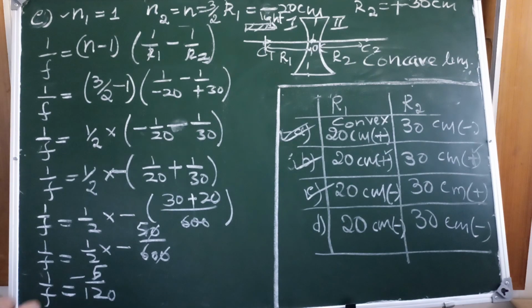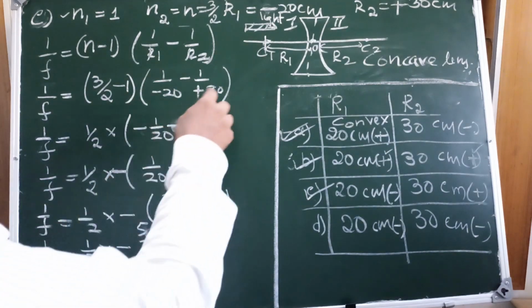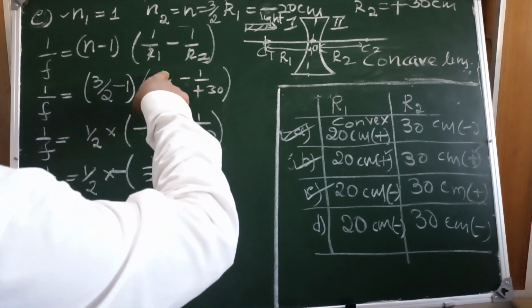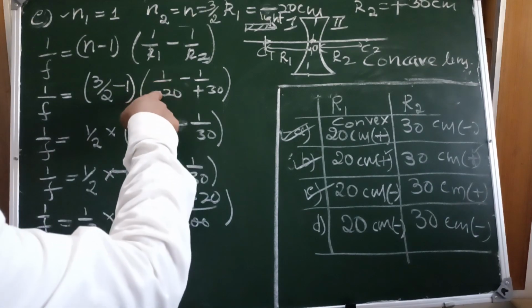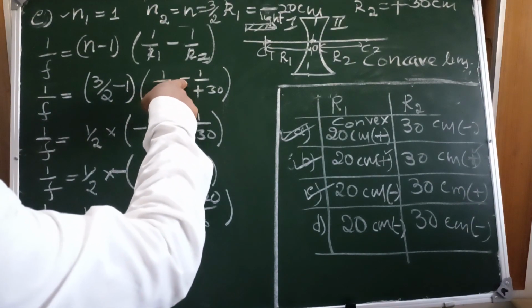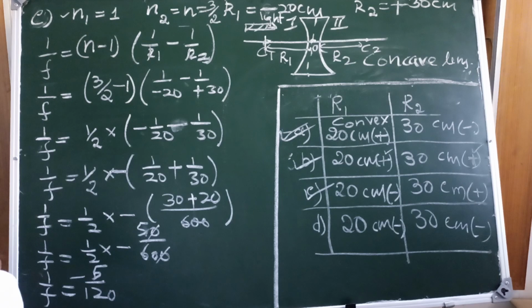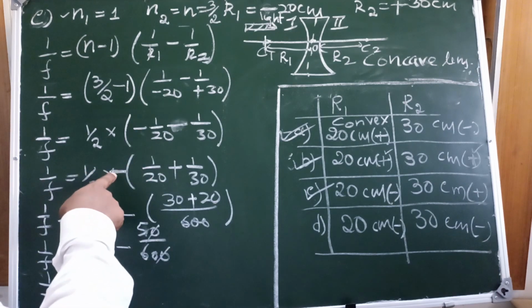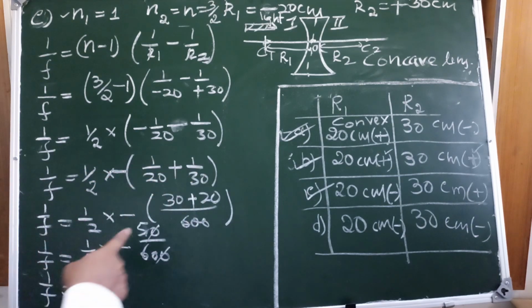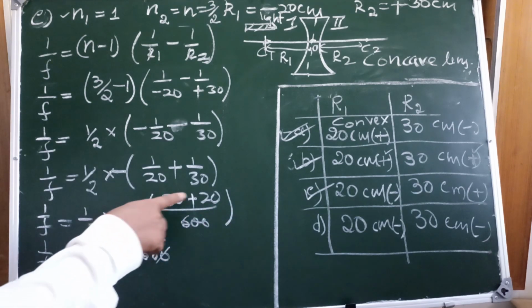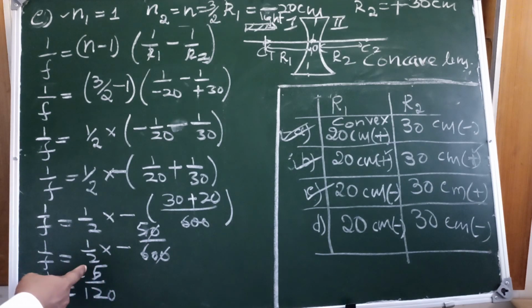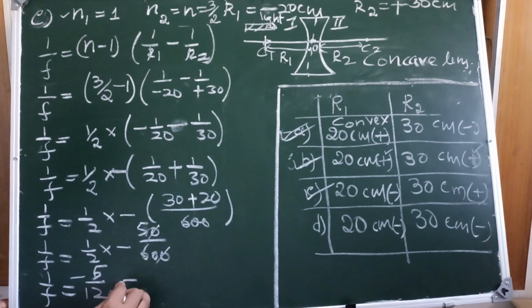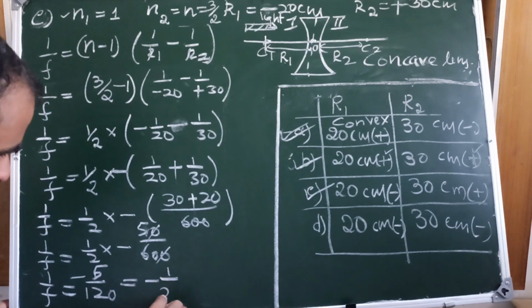Now look at the question very carefully. You are getting 1 by f equals 3 by 2 minus 1 into 1 by minus 20 minus 1 by 30. Okay, so if you remove the minus outside, 1 by 20 plus 1 by 30, take LCM 600, 30 plus 20, you are getting 5 by 60 into half with minus sign, this is minus 5 by 120, so you can write immediately it is minus 1 by 24.